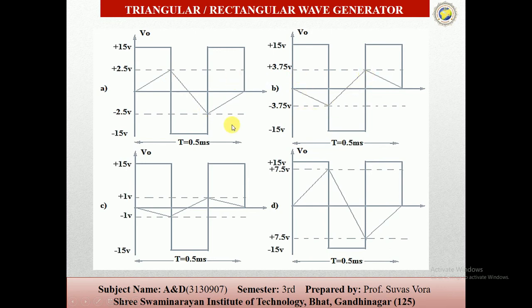You can easily understand that depending on the V sat and negative V sat, we get the type of square wave, the amplitude and width. For example, here you can see 2.5 volts is set, so our V sat is 2.5, then in this we can set the values: 3.75, here 1 volt, here 7.5 volts. So these are the triangular or rectangular waveform generators.